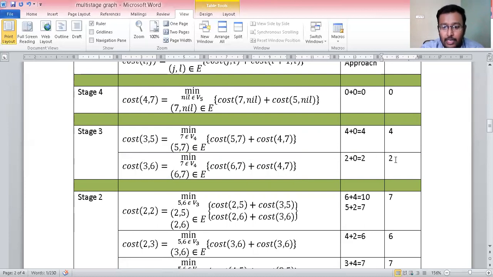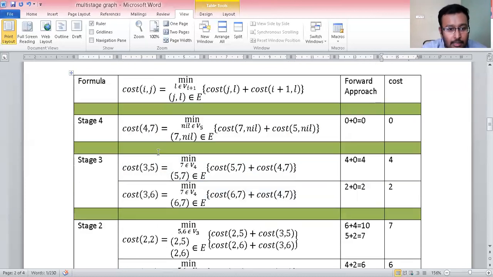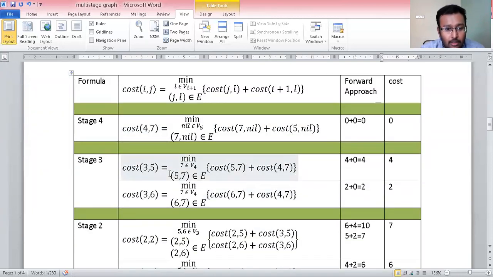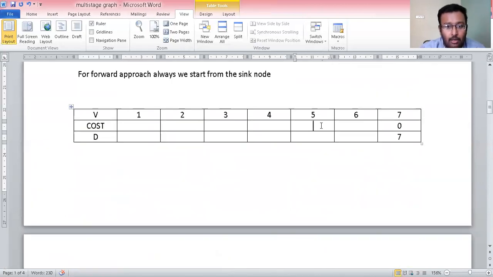So 2 plus 0, I'll get the answer as 2. Now from this 4 and 2, I'll proceed to fill this table. The cost of the vertex 5 at stage 3 is 4, and then from that vertex 5, the vertex I will move to is nothing but vertex 7.